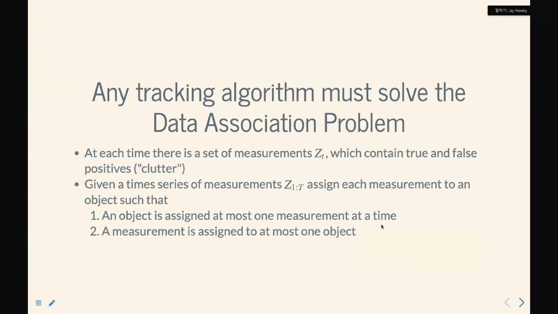Maybe a measurement is a false positive, so it doesn't get assigned. That's random. And so there's a lot of things that need to go into this, but simply said, each hypothetical object would get at most one measurement at every time. And a measurement can only go to at most one object. So those are some of the constraints.